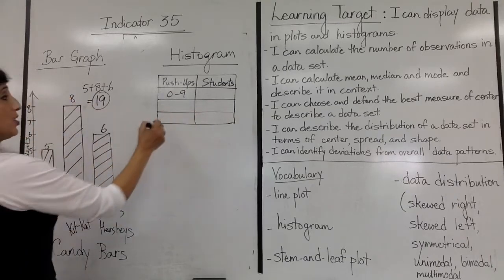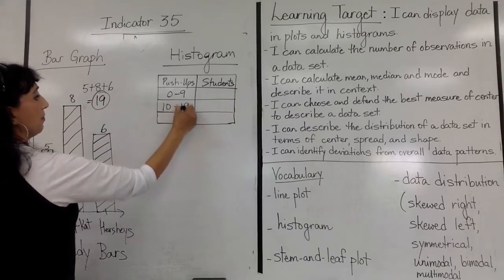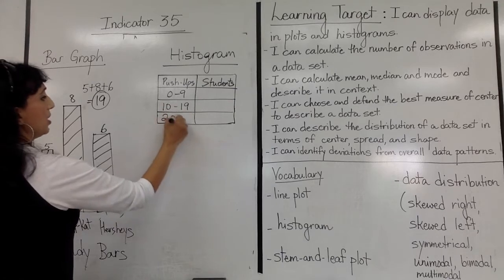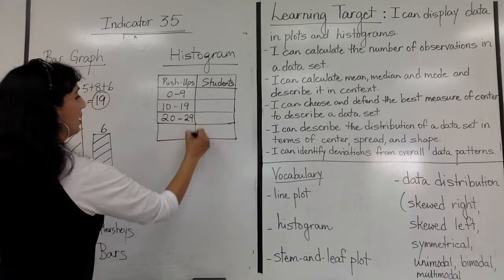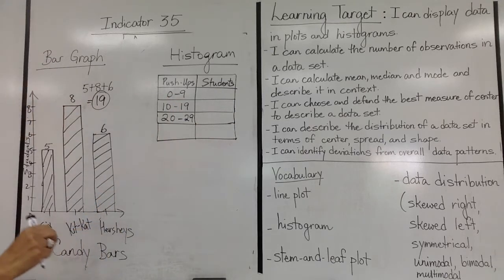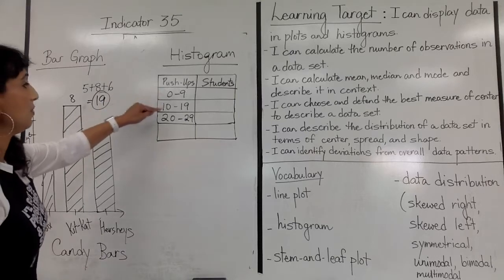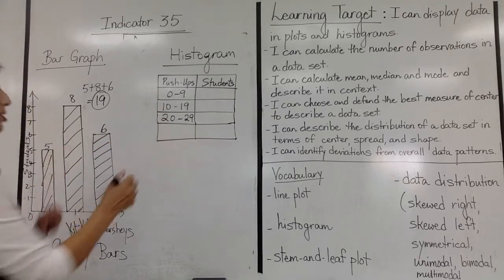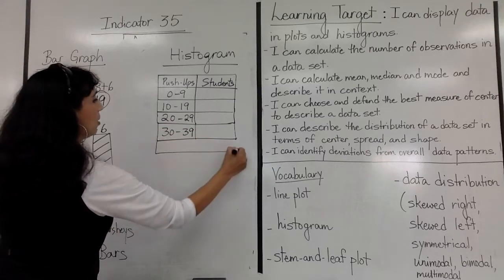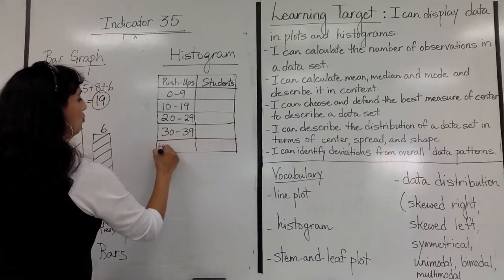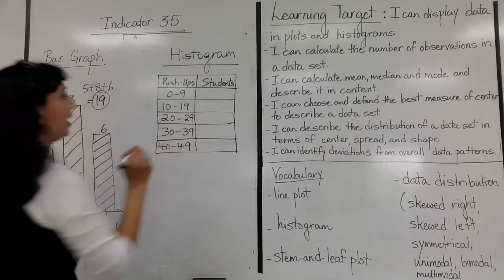If I have 10 to 19 push-ups, okay, 20 to 29. So see how my intervals are exactly the same. Okay, it's not changing. It's not 0 to 5 and then 6 to 20. You can't do that. These intervals have got to be identical. Okay, 30 to 39, and then let's do one more, which is 40 to 49.